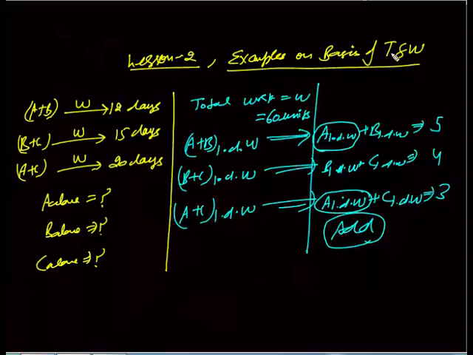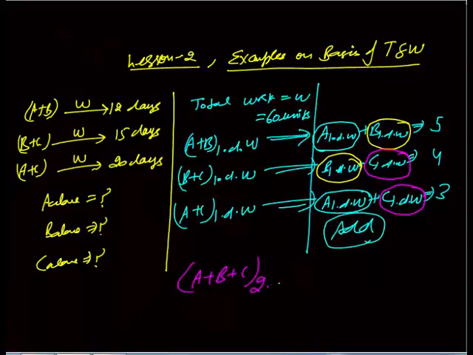B is also doing one day work here, I'm circling it, and one day work here. So B is also doing 2 days of work. What about C? C is also doing one day work here and one day work here. So in total, if you add this, you will get A plus B plus C 2 days work, 2 DW, because all of them are doing 2 days.